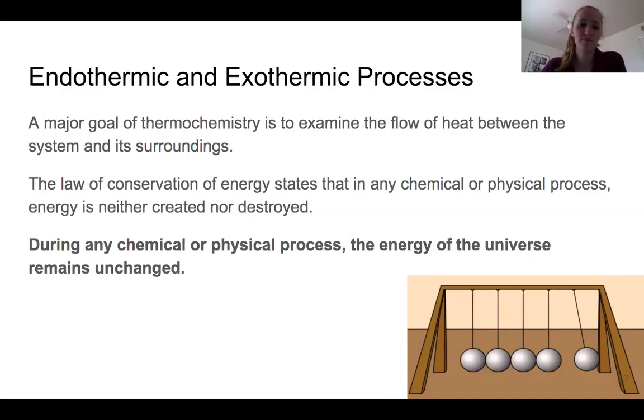A couple chapters ago, we talked about the law of conservation of mass. And in this one, it's the law of conservation of energy. So it's very much the same idea, except instead of talking about mass not being created or destroyed in a chemical reaction, the law of conservation of energy says that you cannot create or destroy energy either.